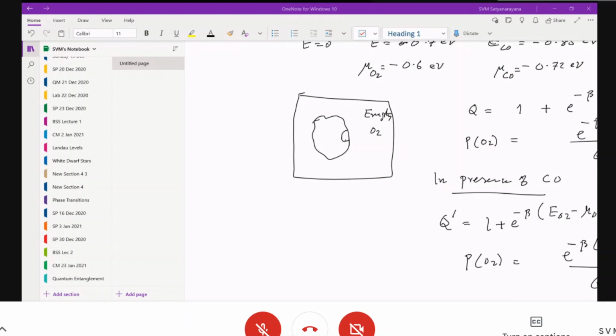That is why the binding energy is more for carbon monoxide, and carbon monoxide competes more effectively. That's the reason when people say your iron is less in your blood, anemia, this iron is what sits in those binding sites.